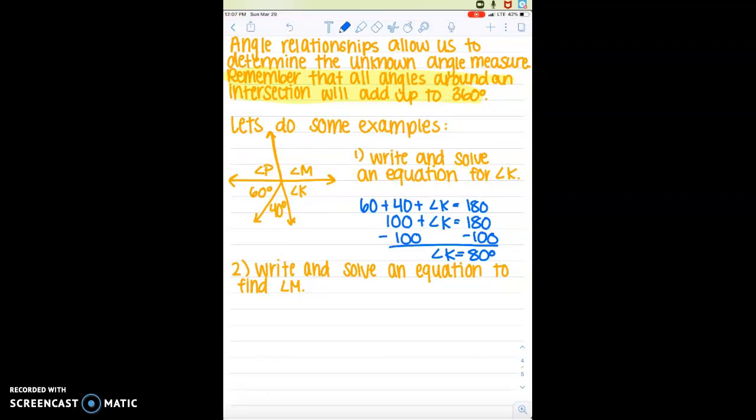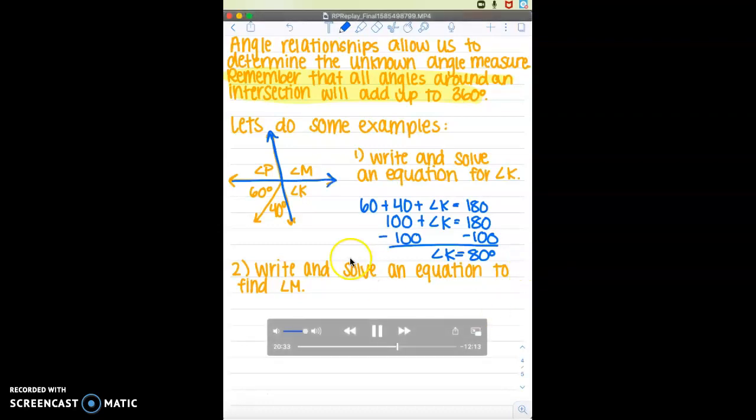So for number 2, we're going to write and solve an equation to find the measurement of angle M. And if you look, what I drew in blue right here are one set of vertical angles.